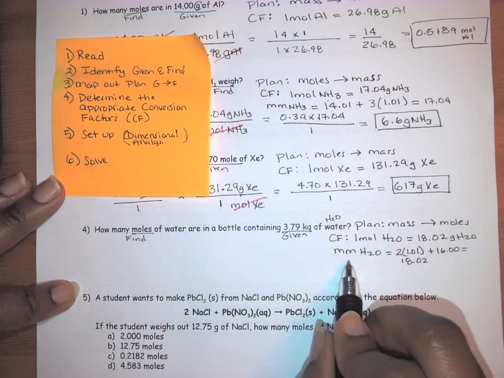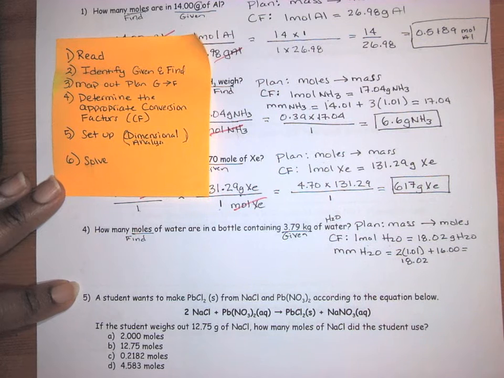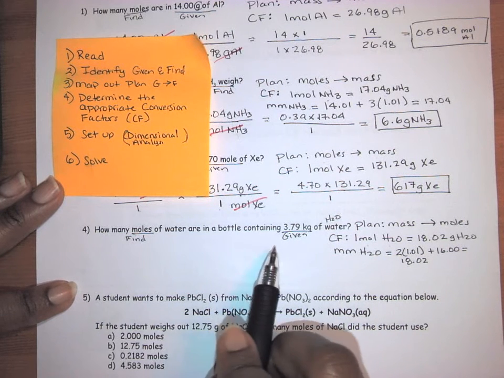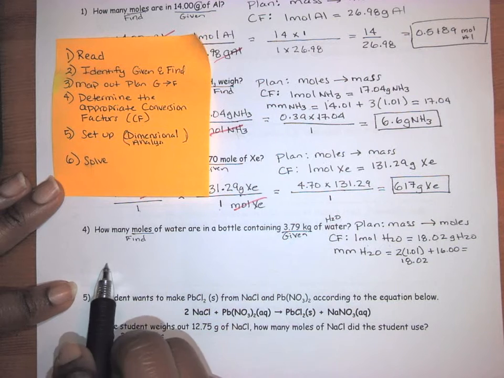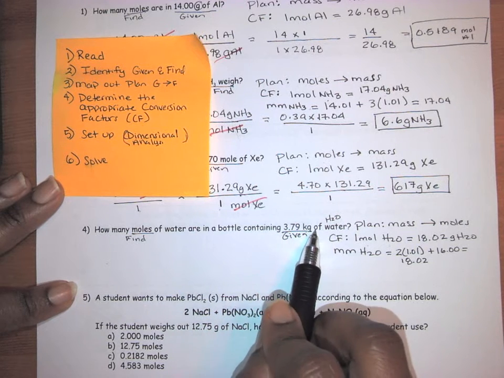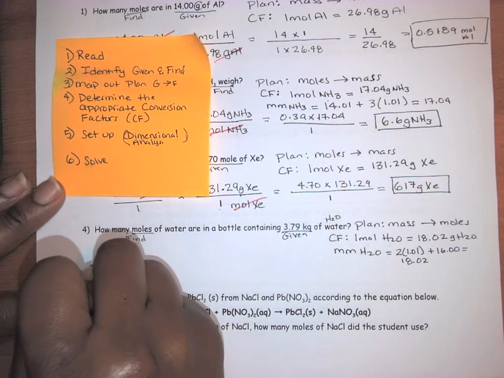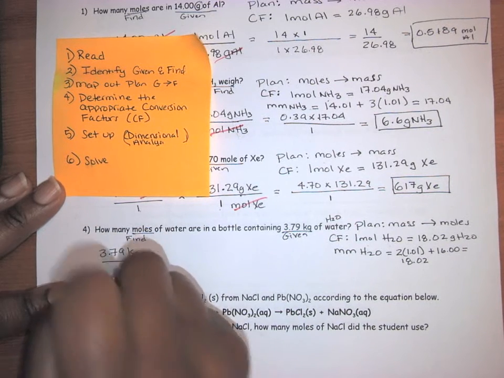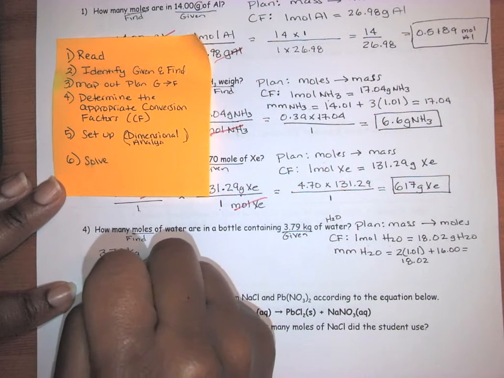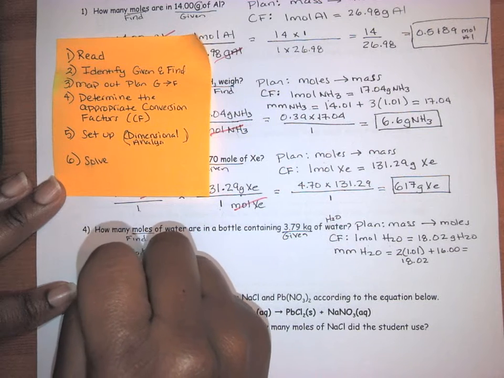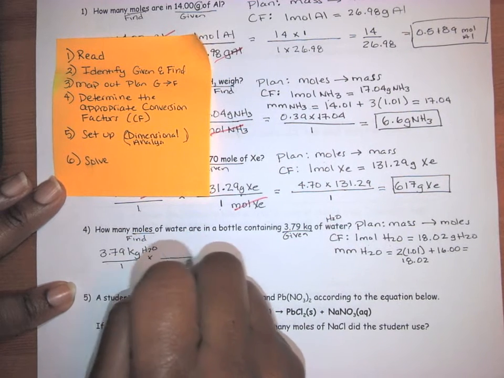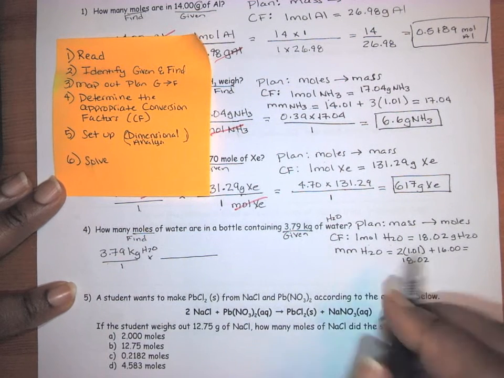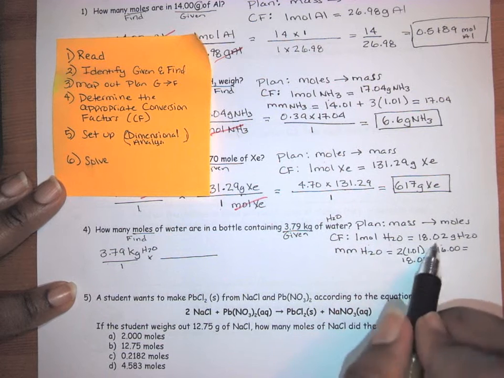And now that I've gotten that done, I feel like I'm ready to set up. First thing I want to do is start by putting my given over 1, 3.79 kilograms of H2O. Then I go ahead and set up my conversion factor, and that's going to come from these values here.